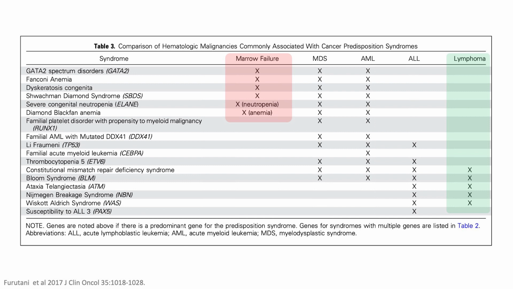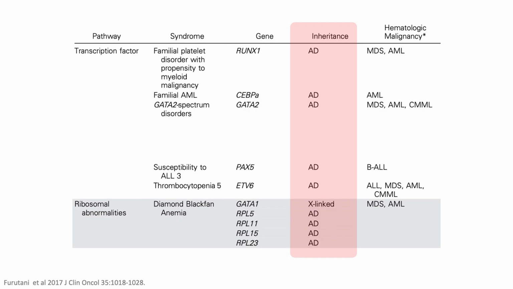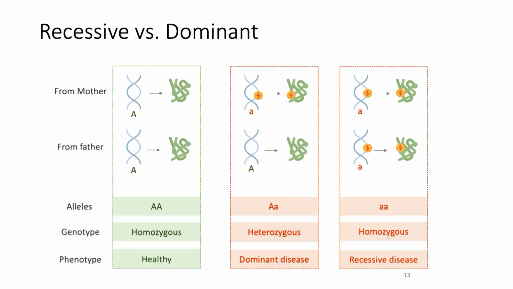So it's across the spectrum. And not only that, they come in different flavors: autosomal dominant, X-linked, autosomal recessive. So clearly there is a huge spectrum of germline mutation affecting hematological disorders that need to be paid huge attention for the patient and their families.